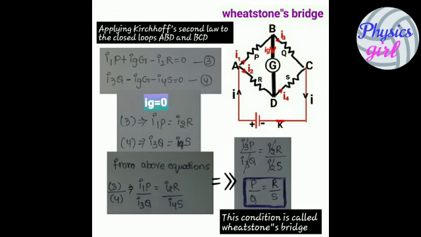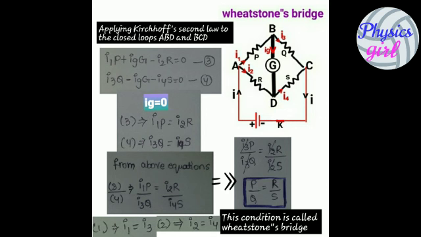From equation 3 and equation 4, I1P by I3Q is equal to I2R by I4S. From equations 1 and 2, we get I1 equal to I3 and I2 equal to I4.